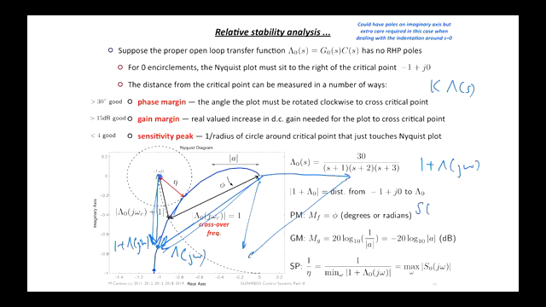We know that the output sensitivity function is 1 over this. And so this sort of measure of how close we are is telling you about the peak in the sensitivity function. If the magnitude of this is small at a given frequency, that will make the magnitude of this big. So the smaller this is, the bigger the peak in the output sensitivity function.